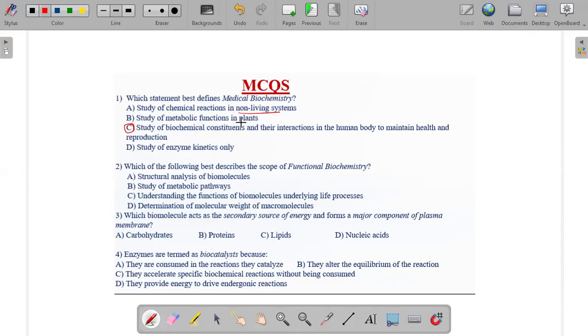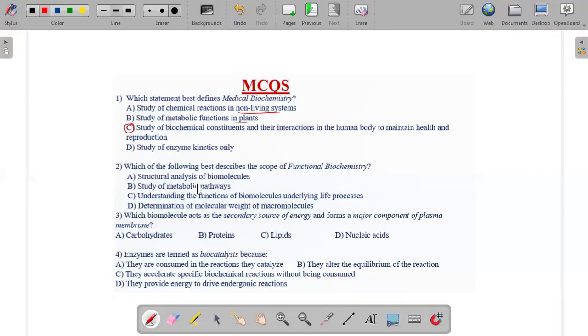And it's not just in plants, right? We are doing a medical course for humans, so we have to focus on humans. So that is also wrong. The study of enzyme kinetics is also wrong.